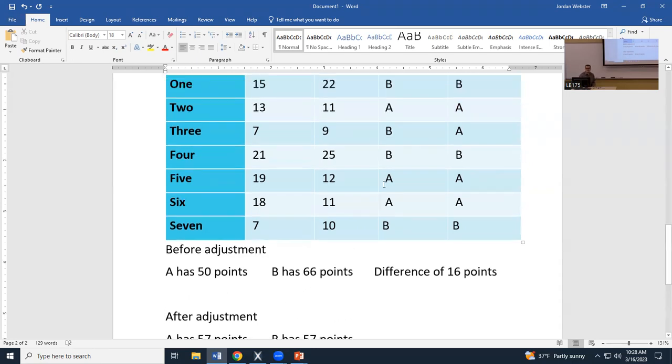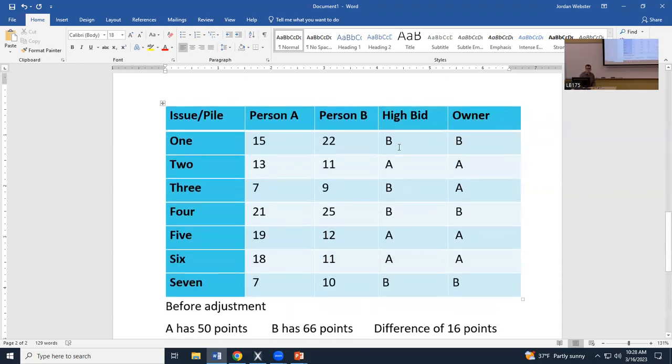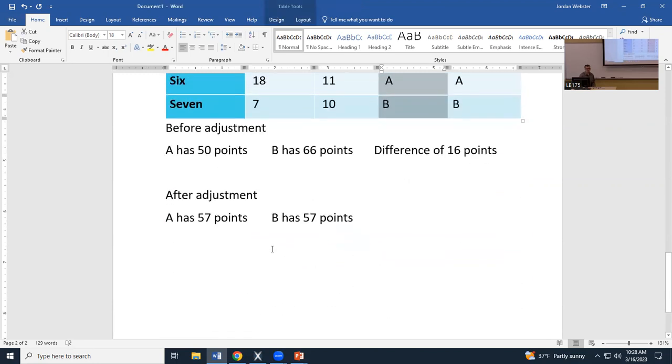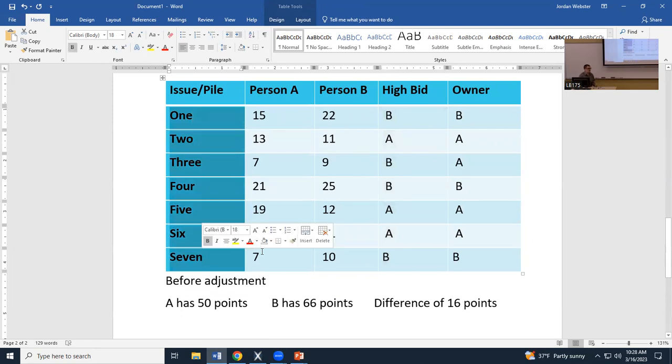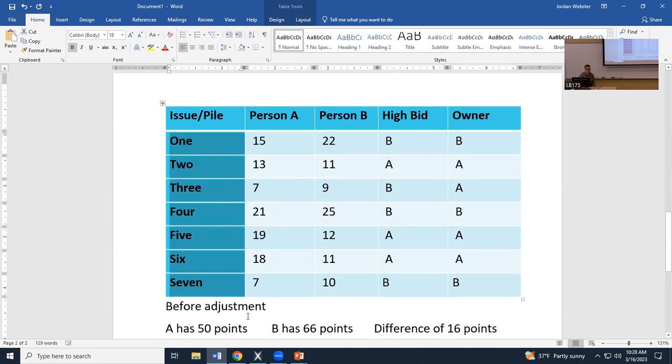Because we started out assuming that the highest bid was going to win, when you do your adjustment, you should always be above 50, as long as you have piles and issues that are not going to take up huge majorities of your points.